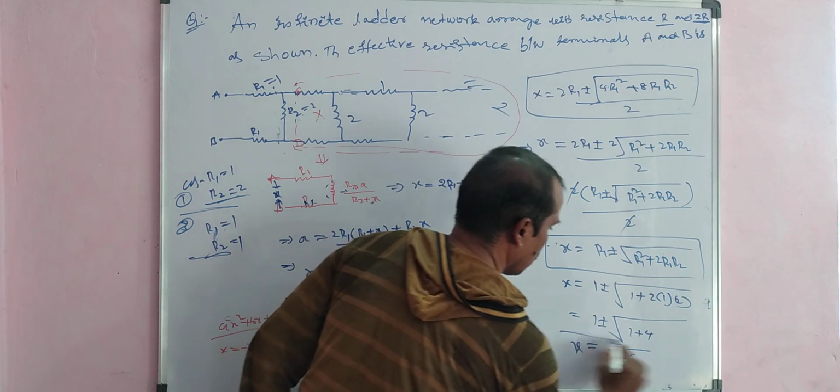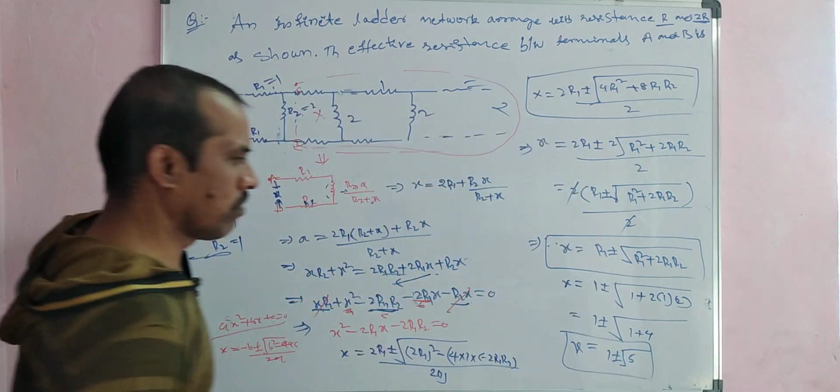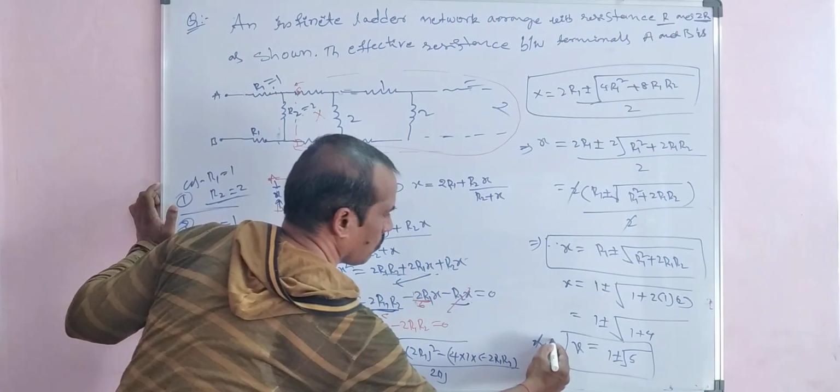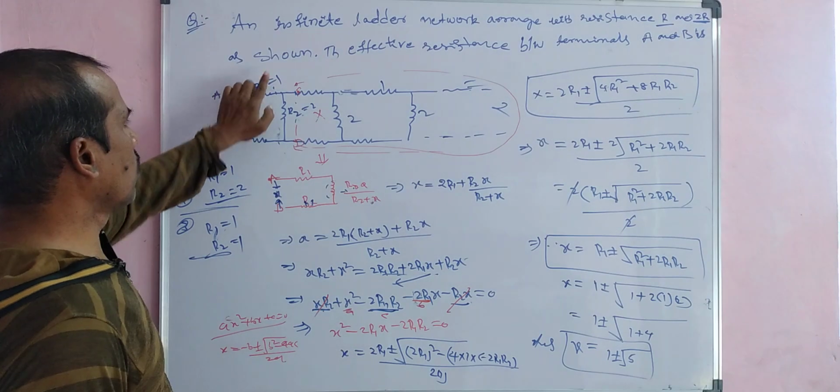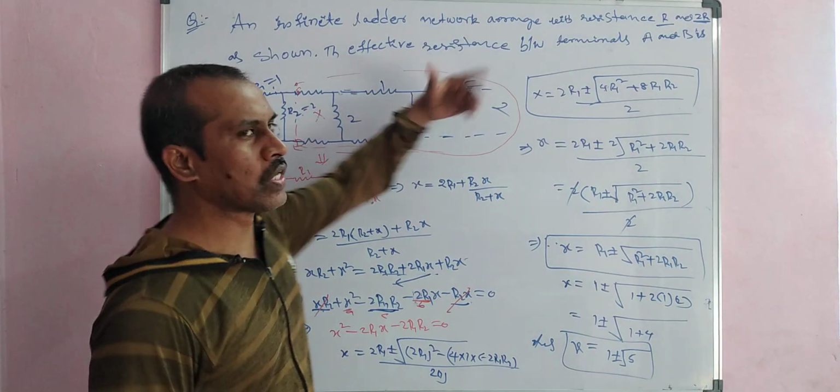This is the first case answer, for r1 equal to 1 and r2 equal to 2, a ladder of infinite sections.